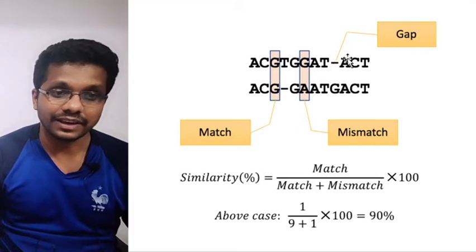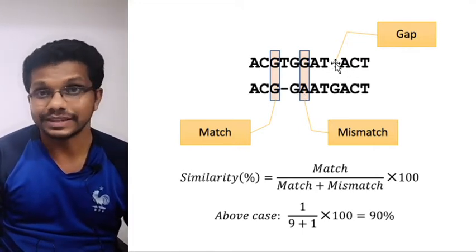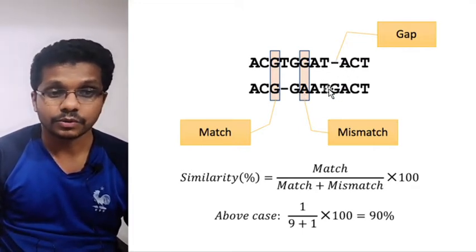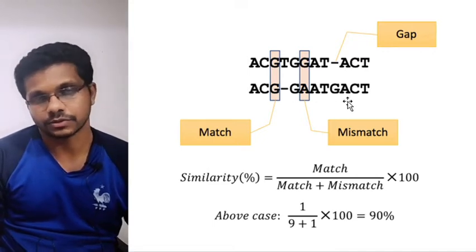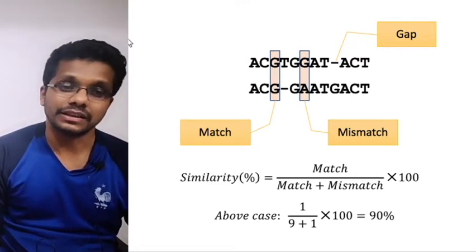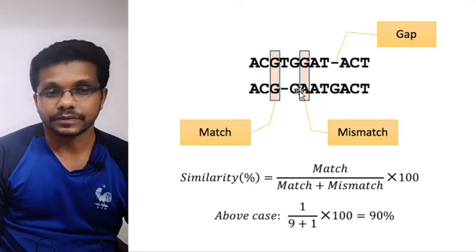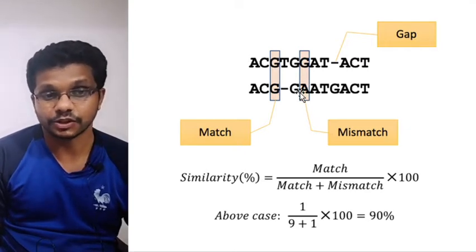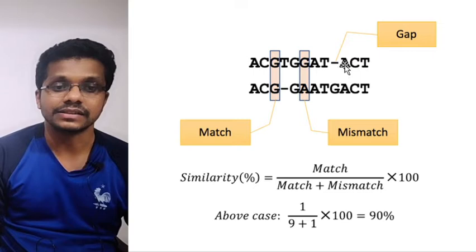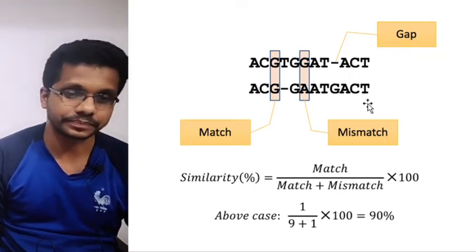And finally, we have a gap. This gap can be either due to a deletion in this sequence or due to an insertion in the other sequence. But from an evolutionary point of view, the chance for substitution is much higher than the chance for insertion or deletion.